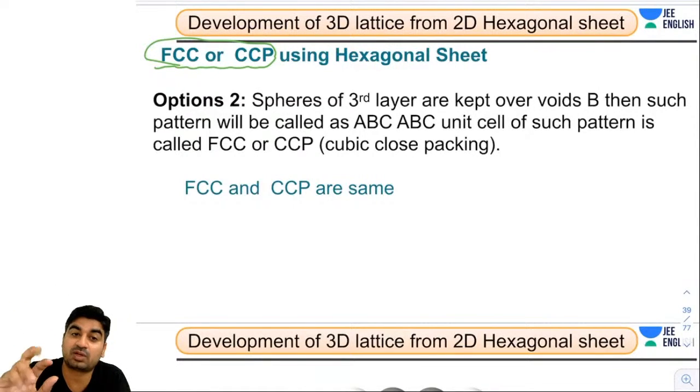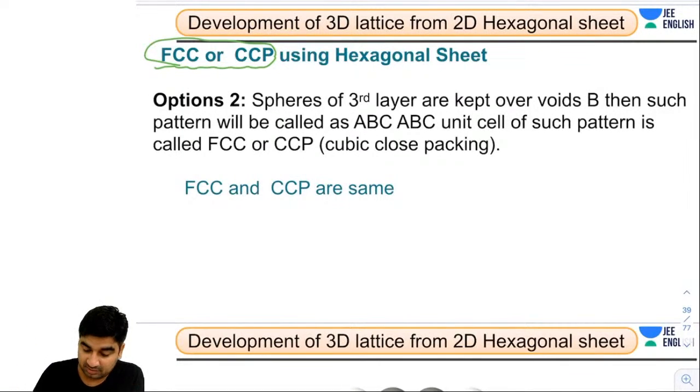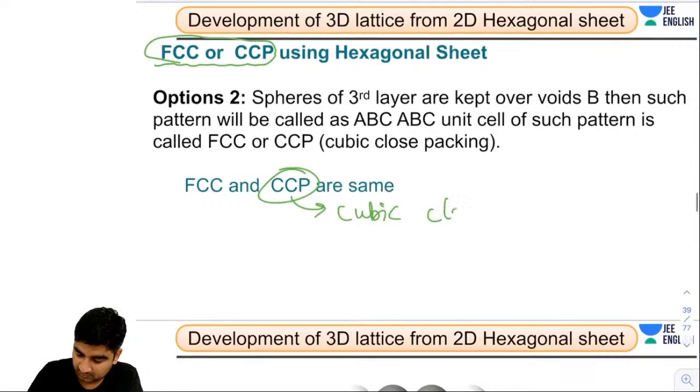Now I'm going to create the same face centered, and the other name for face centered is CCP. CCP means cubic close packing.